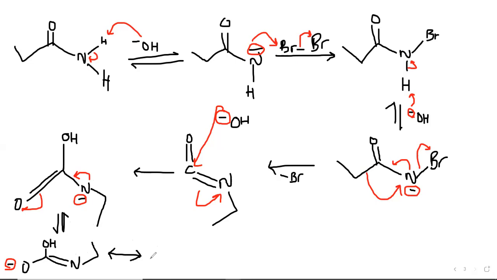So this structure here is actually in resonance with this molecule that I'm about to draw, where you have the oxygen on top here with the minus sign going on there. And then we have the nitrogen here with the hydrogen like that.